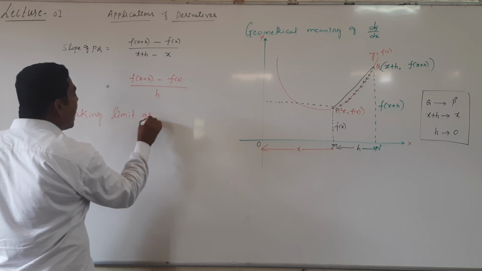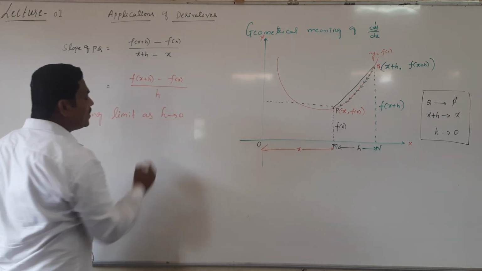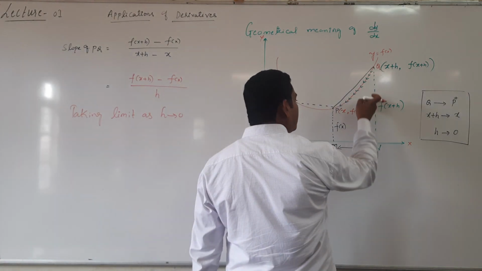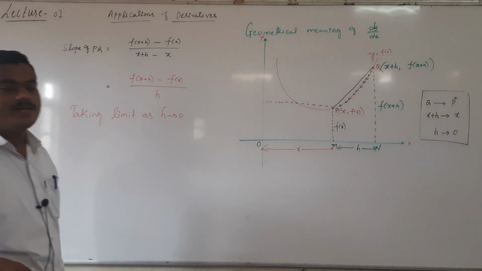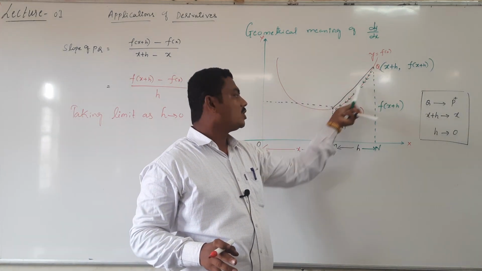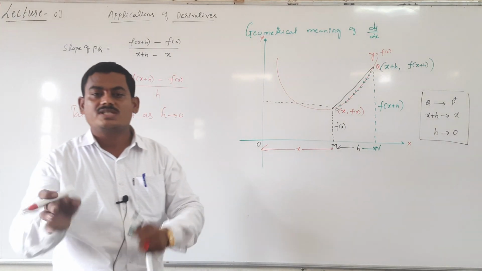Now taking the limit as h tends to 0, because h is very small. H tending to 0 means approaches 0. Whenever point Q moves towards point P, then h approaches 0 only.